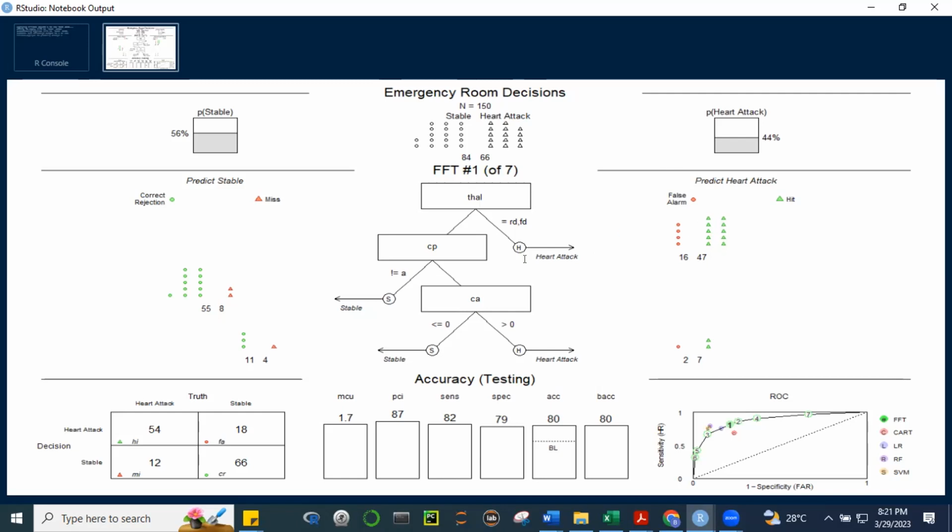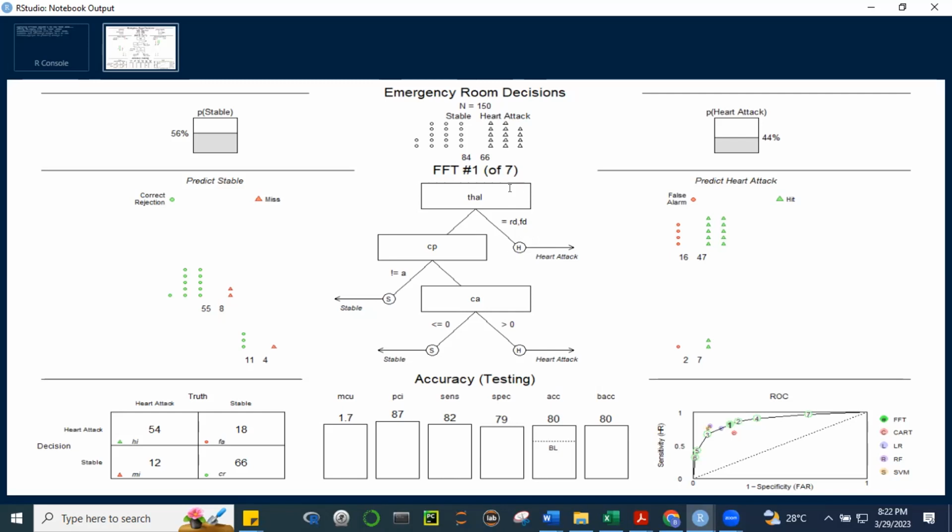Dito sa first stage pa lang. 47, tama using this parameter. 16 yung mali. Ibig sabihin, meron doon mga RD o FD, there were 16 all in all that did not suffer heart attack.